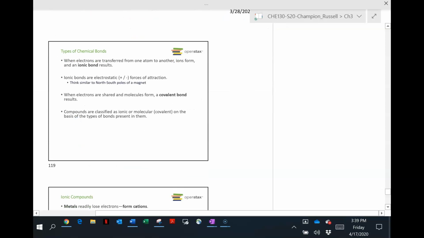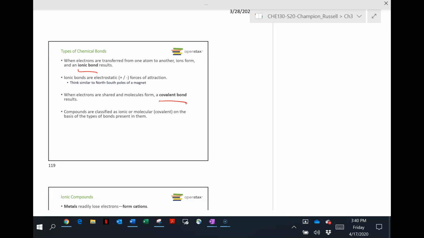Okay, so we said before that if we have electrons transferred and you have a positive ion and a negative ion, that's an ionic bond. And if you share the electrons, that's called a covalent bond. And based on what kind of bonding you have, we call things ionic or covalent or molecular. Sometimes, though, you'll see things where you actually have both ionic and molecular, but usually ionic would win out on that.